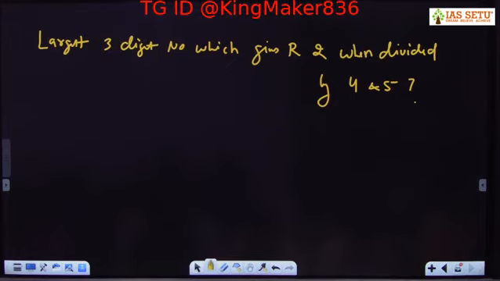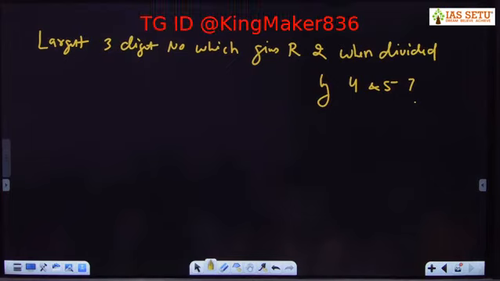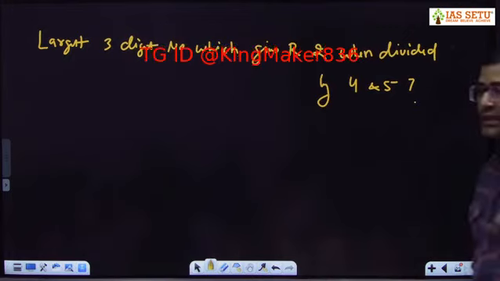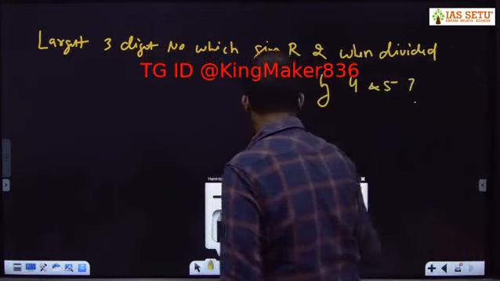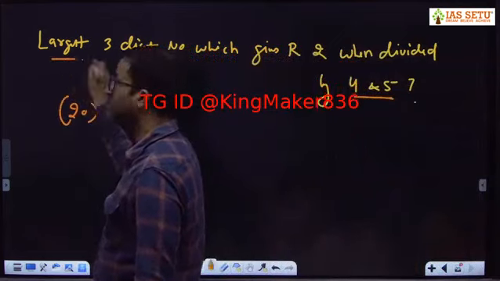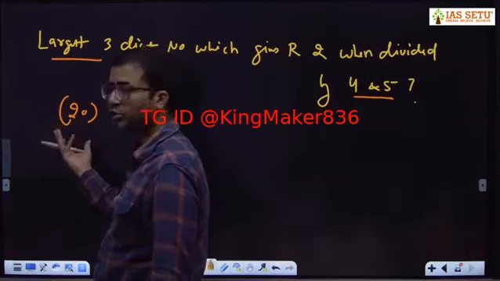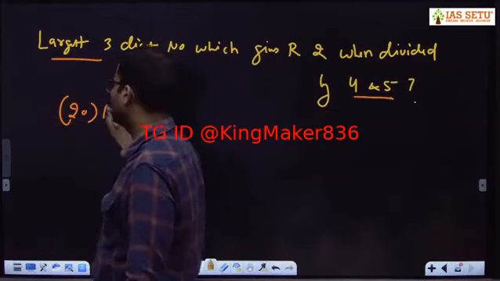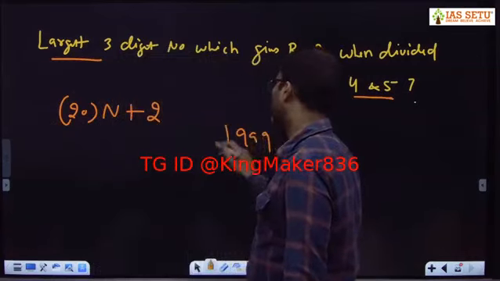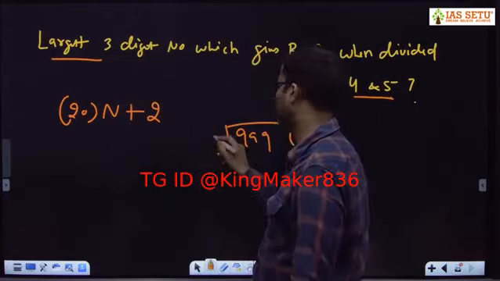Remainder 2. What is the answer? 982. What is the LCM of 4 and 5? 20. Since they ask bigger number, अगर वो छोटा पूछता तो 20 plus 2, so multiple of 20 plus remainder 2, so 999 because 3 digit number.